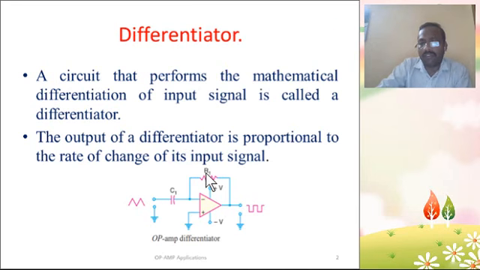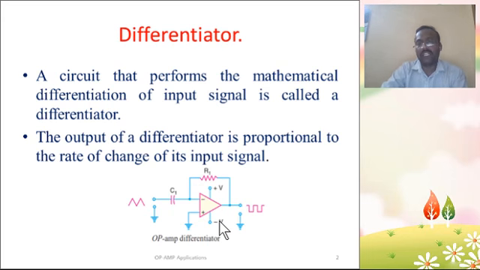This is RF. RF is a feedback resistor. This is the output. The output of the integrator is a square wave. But in the case of the differentiator, the input is a square wave and the output is a ramp wave, just opposite.